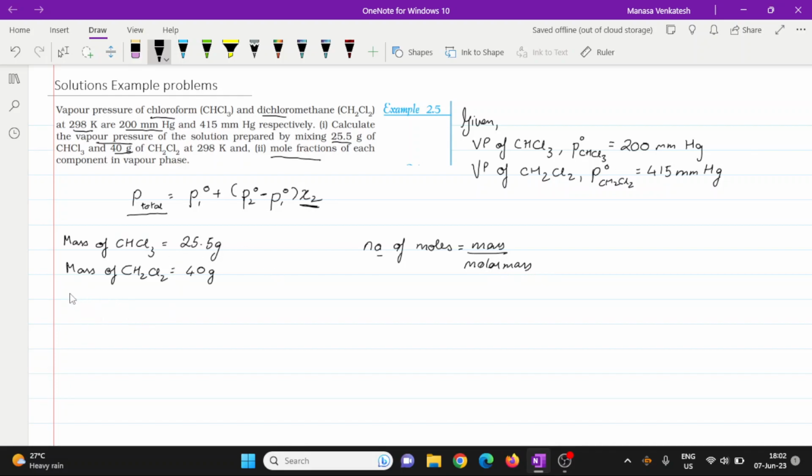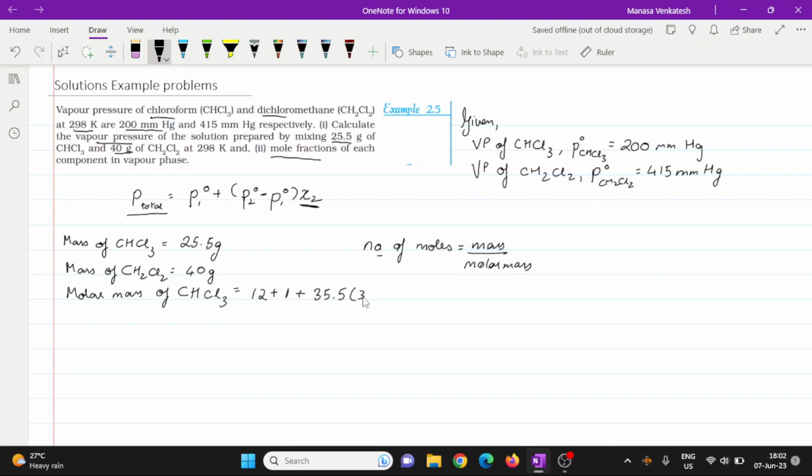So how do we do that? First of all, molar mass of CHCl₃, which is chloroform, is equal to carbon's mass, which is 12, plus 1 atom of hydrogen, which is 1, plus Cl₃, which is 35.5 times 3. So basically, we are taking the masses of individual atoms, right?